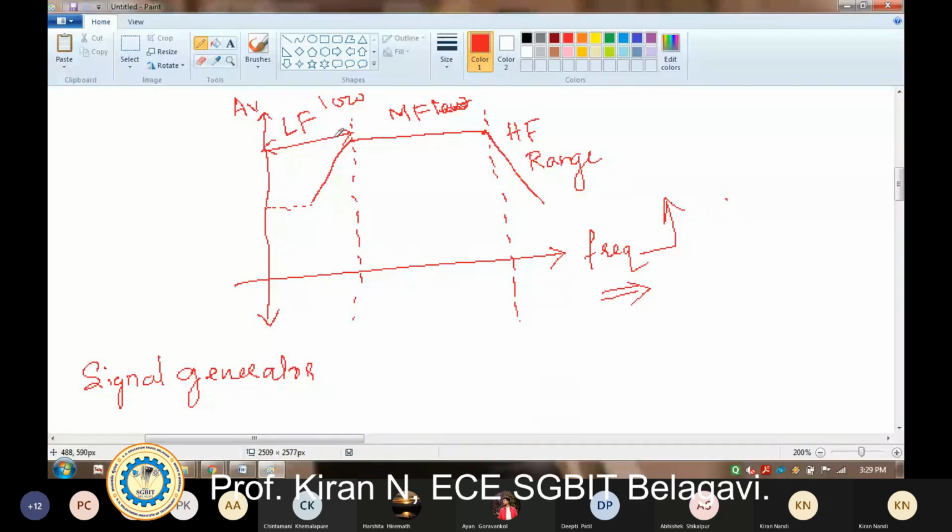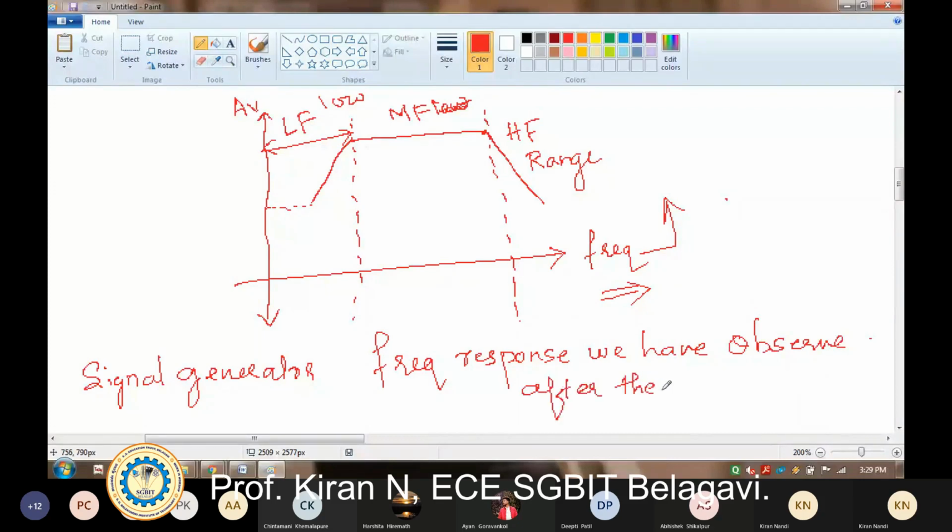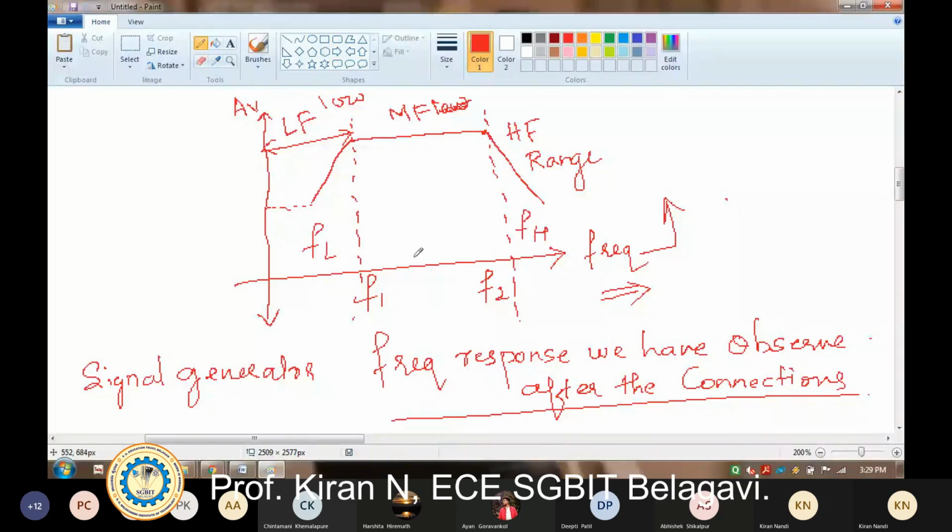This is the frequency response we have to observe after the connections. These two frequencies we get as F1 and F2. We can also call them FL and FH, low frequency and high frequency.